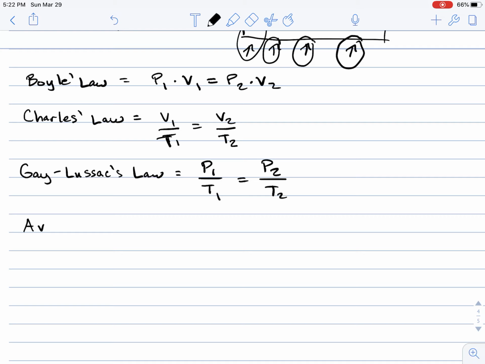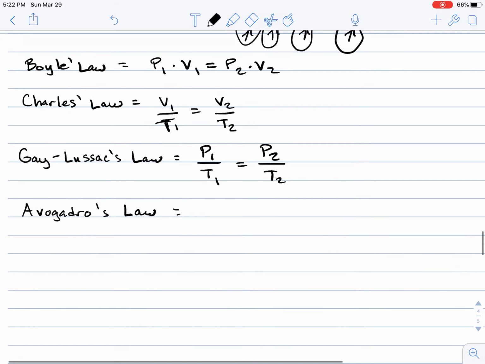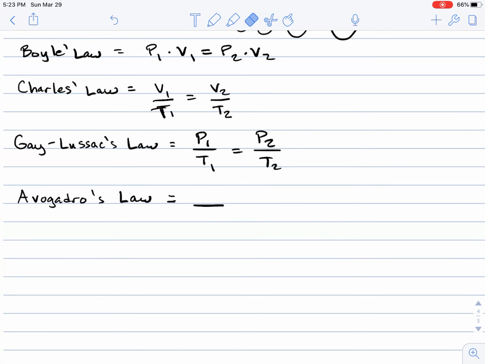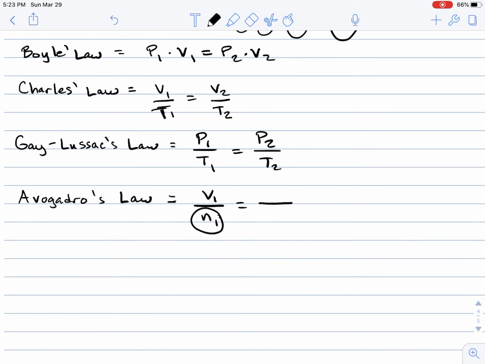Avogadro's law allows us to understand how changes in the number of moles of gas affect volume.